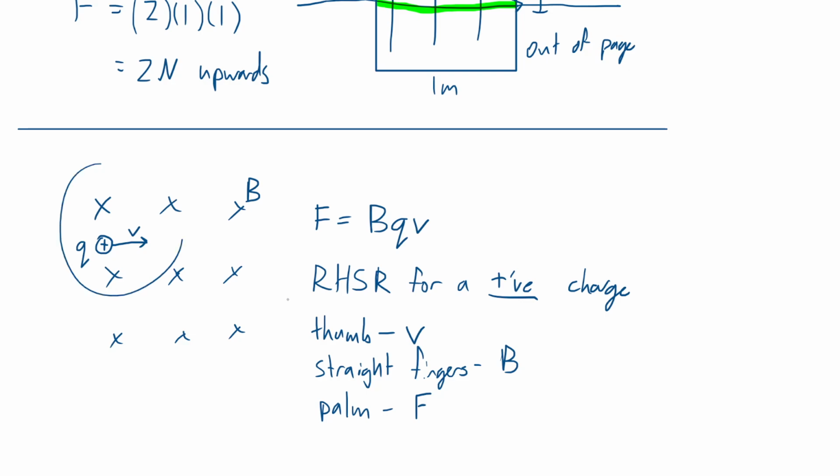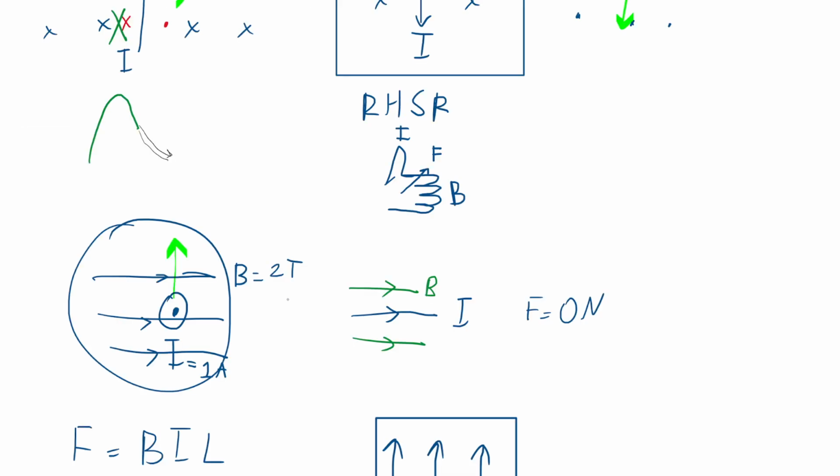So in this example, our thumb points to the right because the positive charge is moving to the right. So that's just like current, right? Current is the flow of positive charge. Here, the positive charge just isn't in a wire. So it's moving to the right.